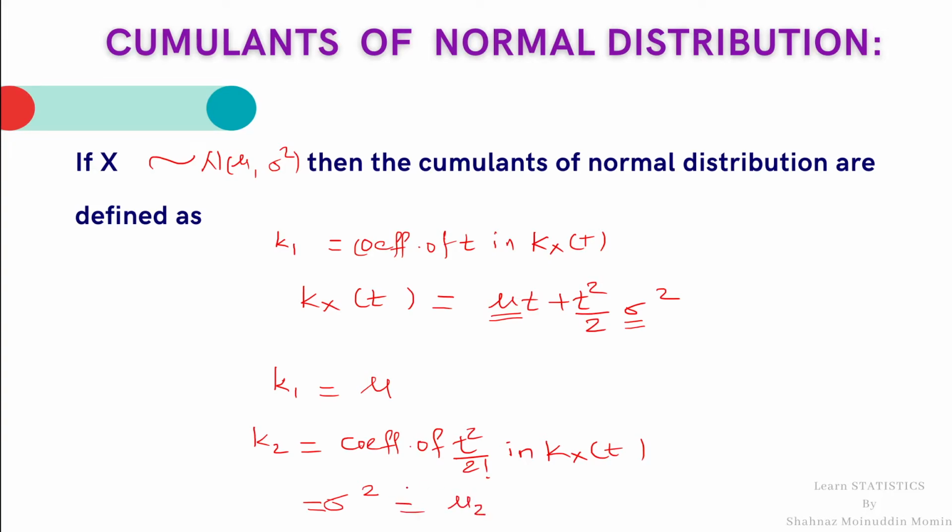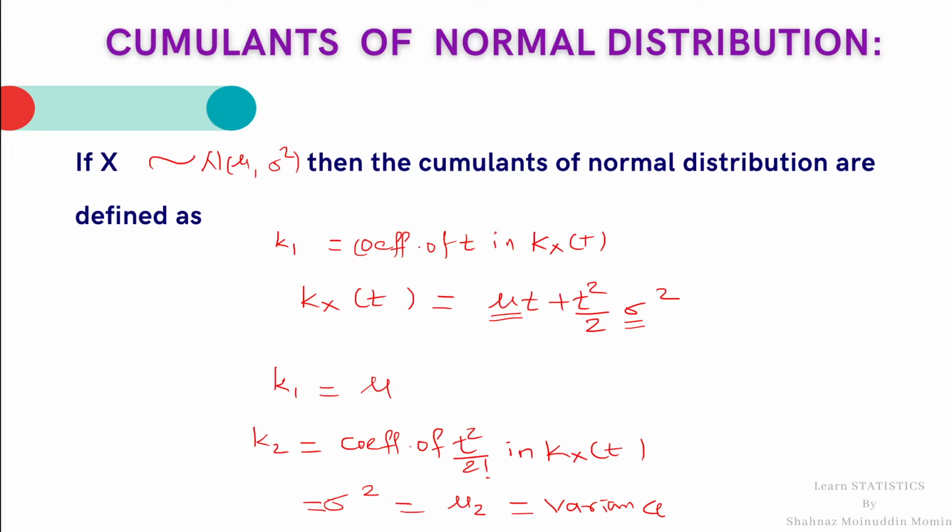We have already studied the relation between cumulants and central moments, and here mu 2 is nothing but the variance of random variable X.